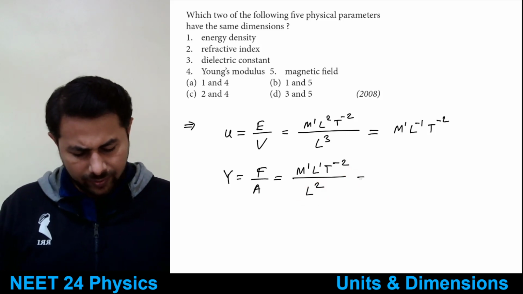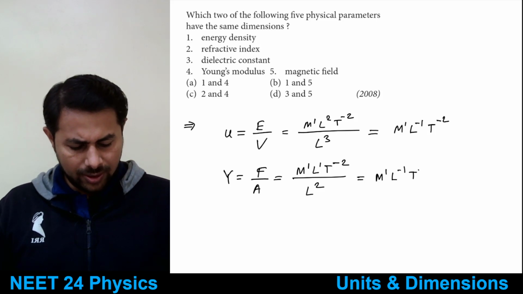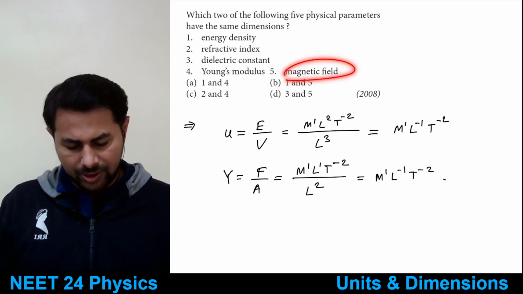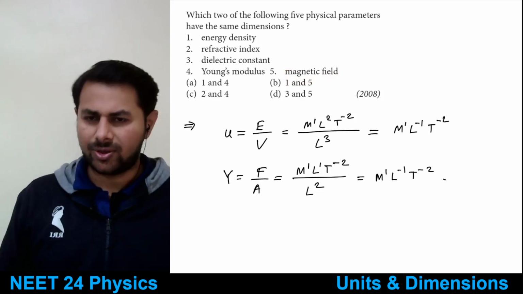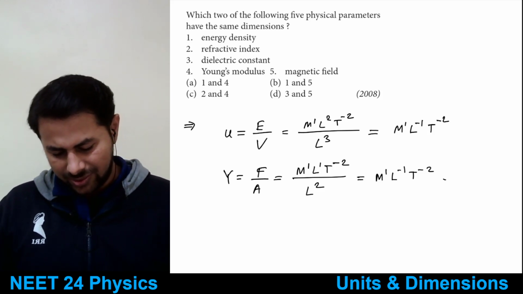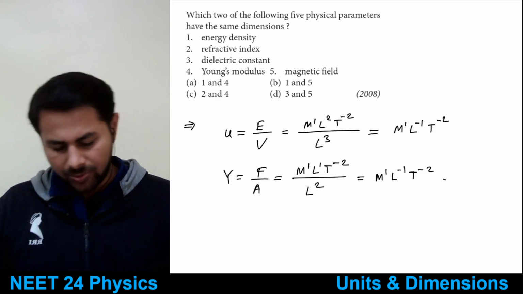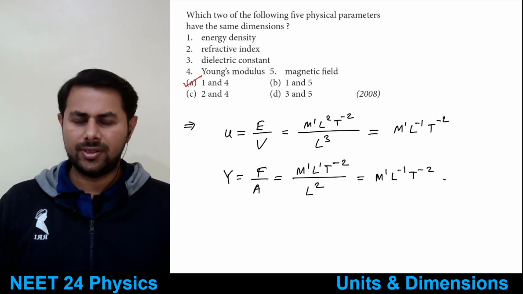So that is M1 L minus 1 T minus 2. Yeah, it matched, no? Then we don't need to find out the dimensions of magnetic field, etc. I also don't remember. Okay, I'll need to use some formula. Anyways, so it is 1 and 3. It's not 3, no, it is 4. 1 and 4. It's option A. This is clear.